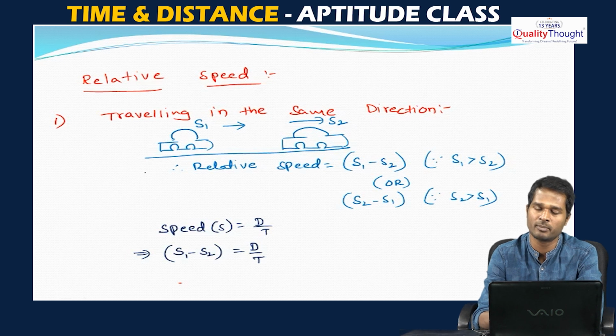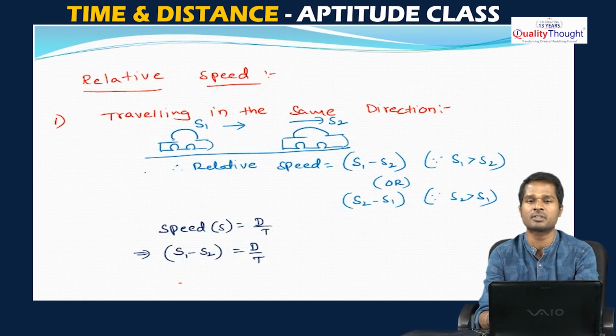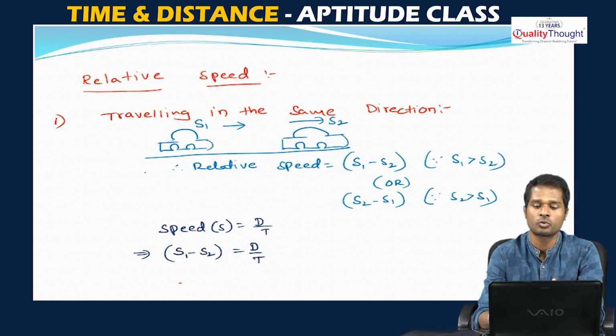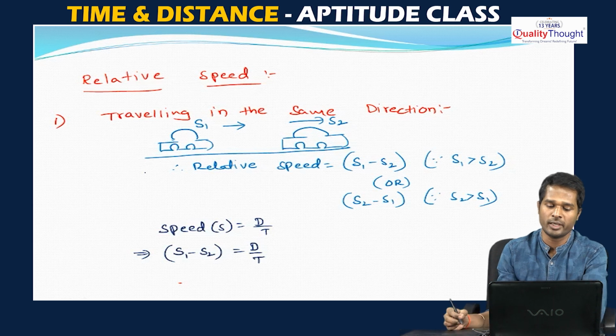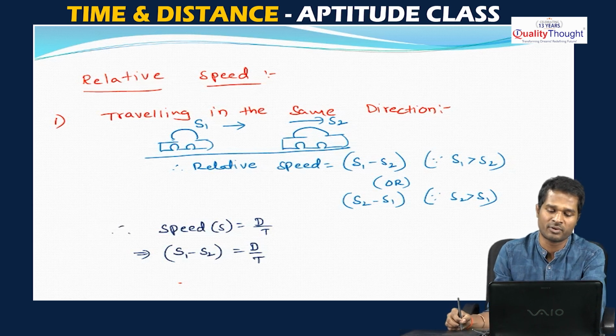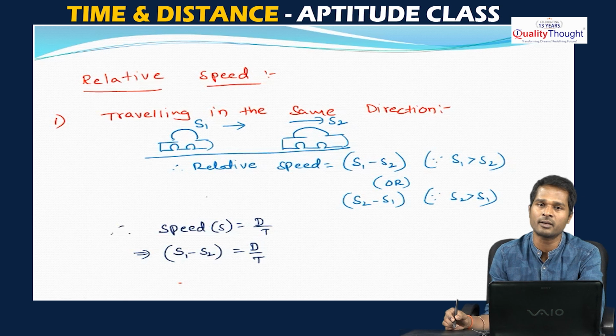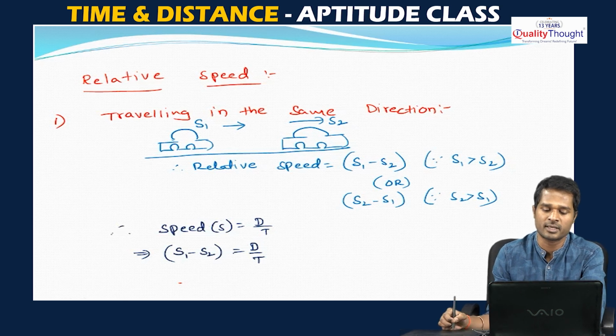The relative speed will become the subtraction of both the vehicles' speeds. That means we take the difference of the speeds of those two vehicles to calculate the relative speed. So the original speed formula s is equal to d by t will be written as s1 minus s2 is equal to d by t.